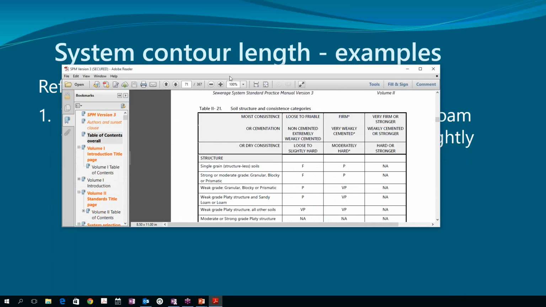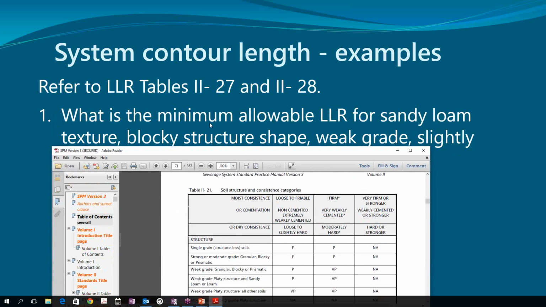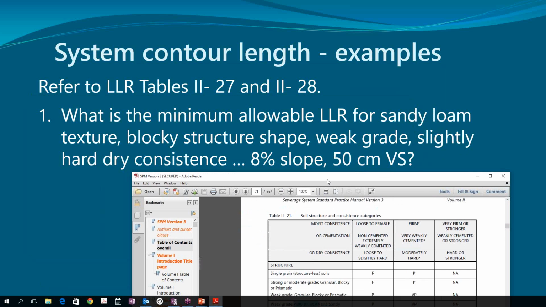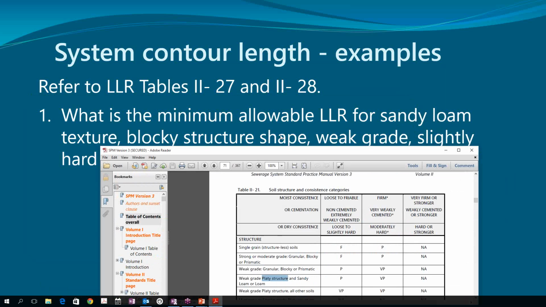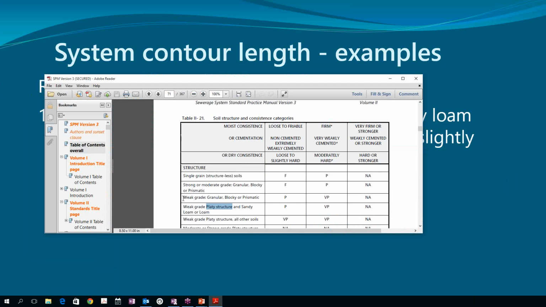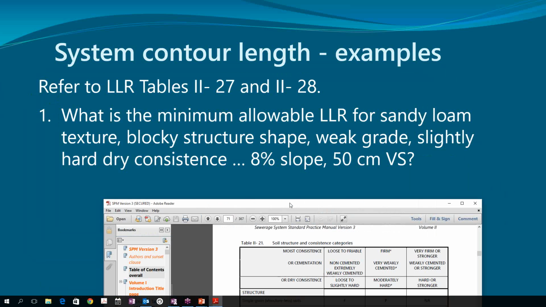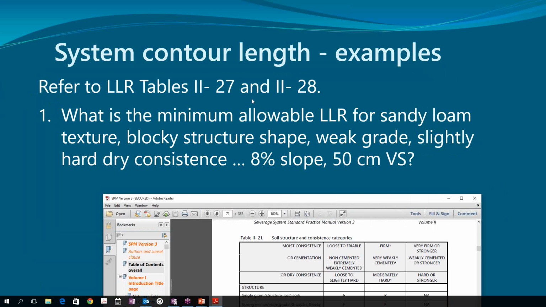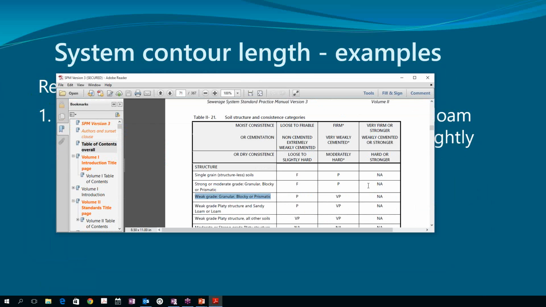And the question says sandy loam texture. So sandy loam does show up there, but only if it's platy structure. And in our case, it's not platy, it's blocky. It's blocky weak, so we're up in here. Hard dry consistence puts us over there.